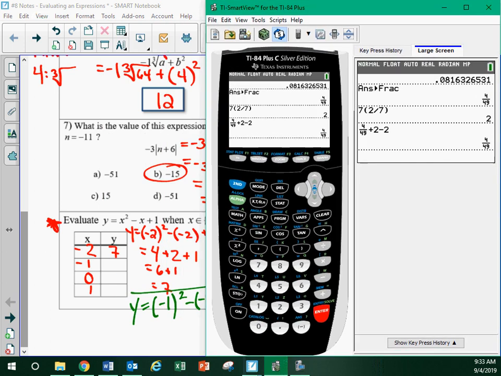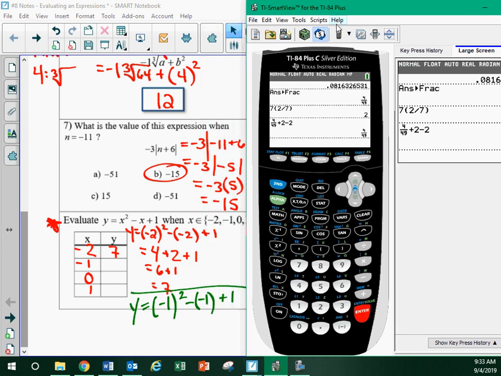Your calculator knows order of operations, which is super nice. It knows the correct order to do it. You just have to make sure you type it in correctly so it knows how to do it correctly. So we don't need to type y equals, that's what we're trying to figure out.